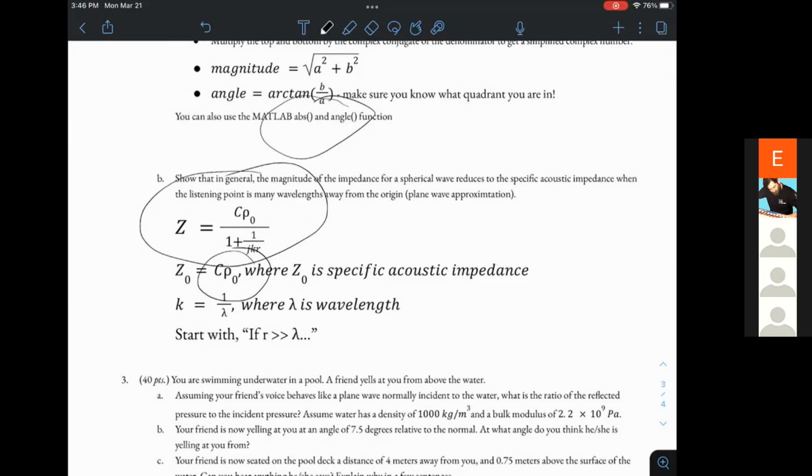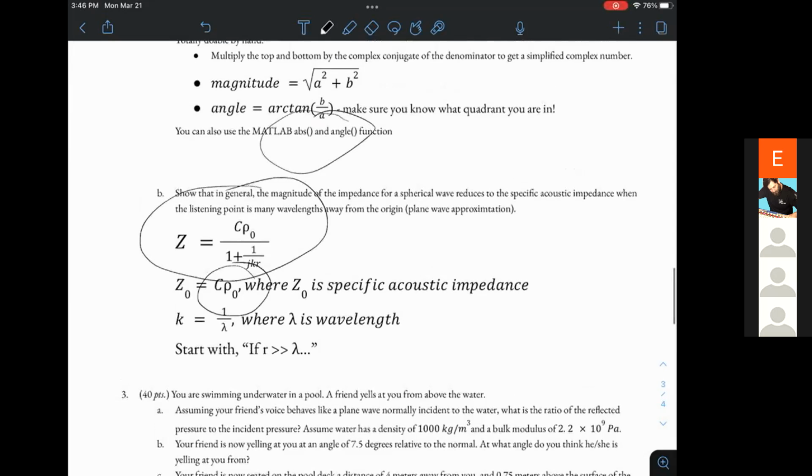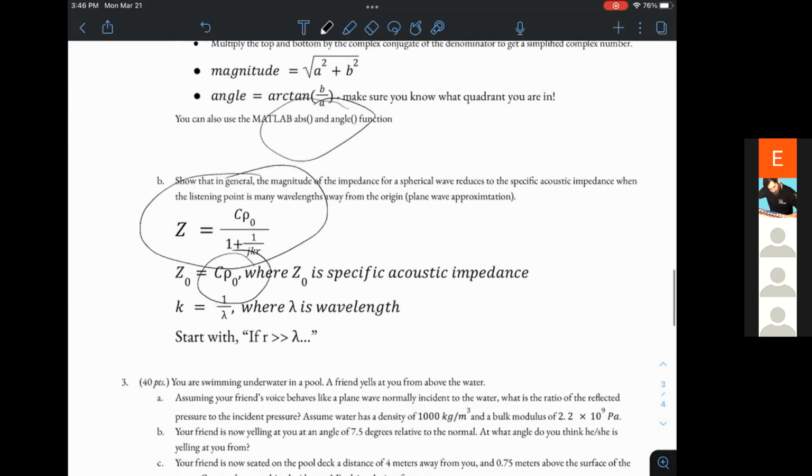And then this is another one of those things. If you turn in 2 pages of math for this, don't do that, right? This is 2 or 3 logical lines here. Start with the sentence, if R is much, much greater than lambda, then what happens? Something goes to 0, probably. Yeah, you can bet.